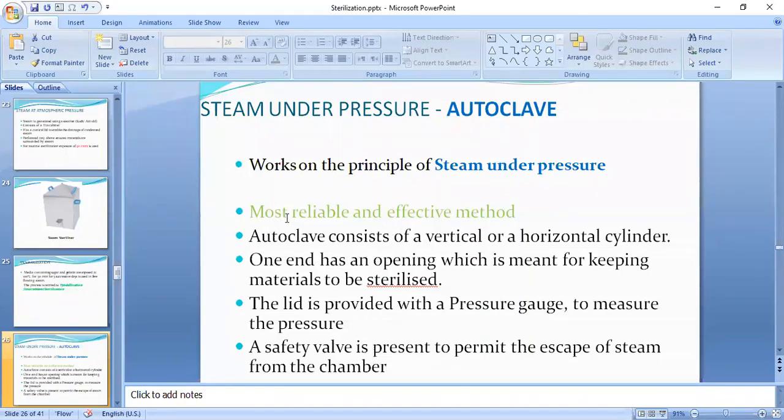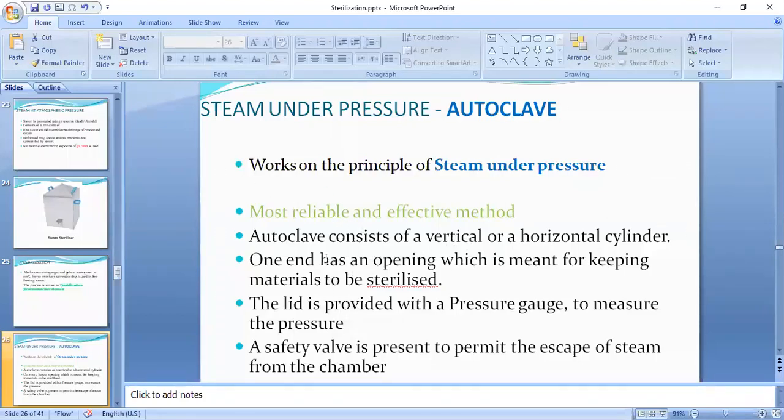So this is the most reliable and effective method. You remember, the most reliable and effective method is the autoclave. Other options will be there in the MCQ, but the autoclave is the most efficient and reliable method.